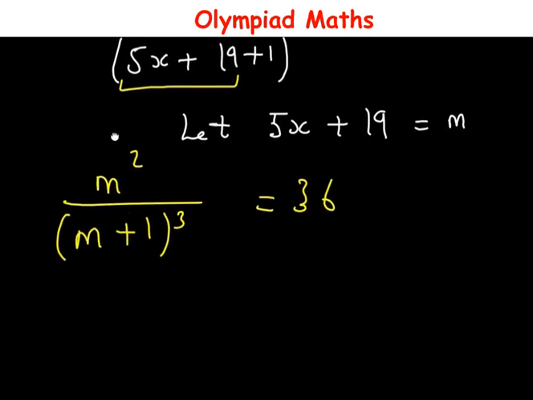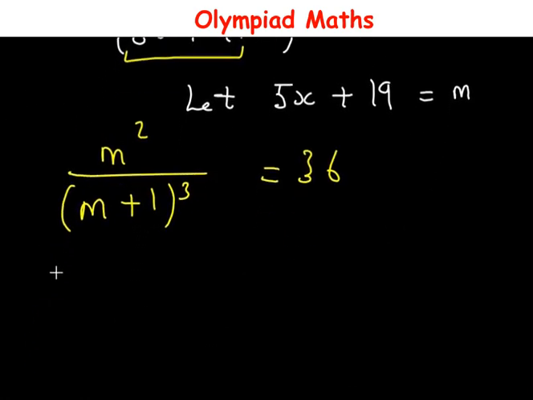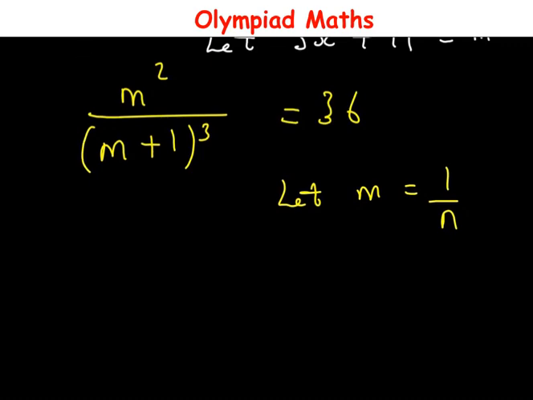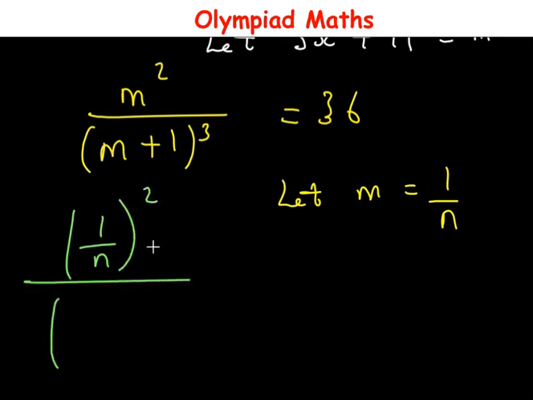Okay, so with this, let m equal 1 over n. In place of m, we bring in 1 over n. So right here, we have (1/n)^2 divided by (1/n + 1)^3 equals 36.